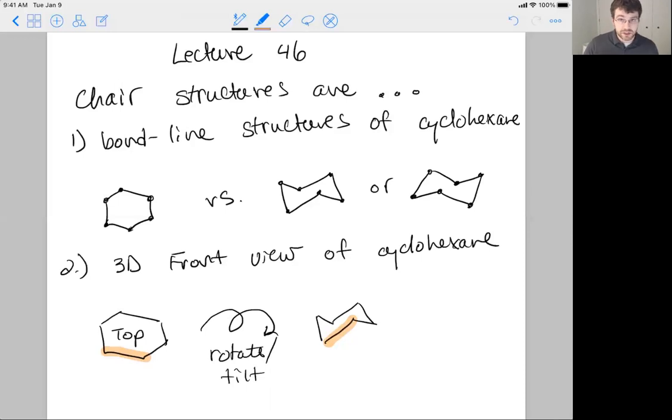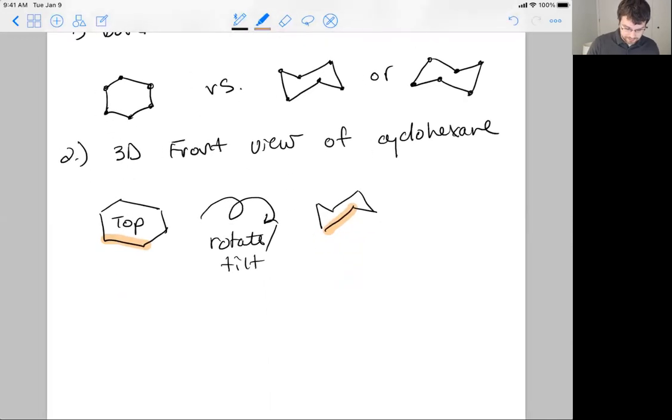In fact, maybe there's even another way I could try to explain this. It might still be a bit confusing, and that's okay. Keep pushing forward and plowing ahead and drawing chair structures. These ways of thinking about it aren't the most important thing. It's your ability to add groups or substituents to the chair structure that's important. Regardless, let's go ahead and talk about it at least.